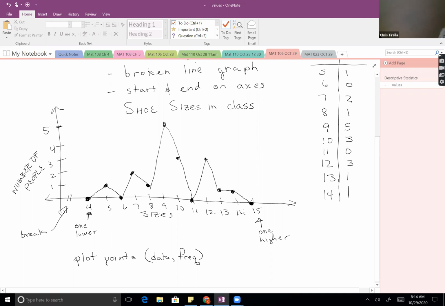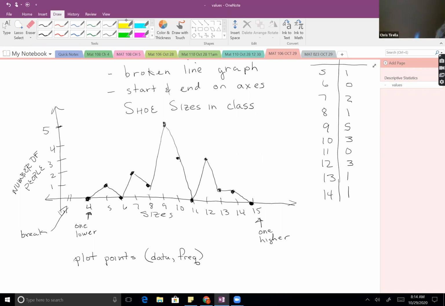In my mind, I like to compare this to our histogram. I'm going to just for a minute put in highlighter underneath what the histogram looked like. And you see, it's like taking the histogram and putting a dot in the middle of each bar and connecting them.